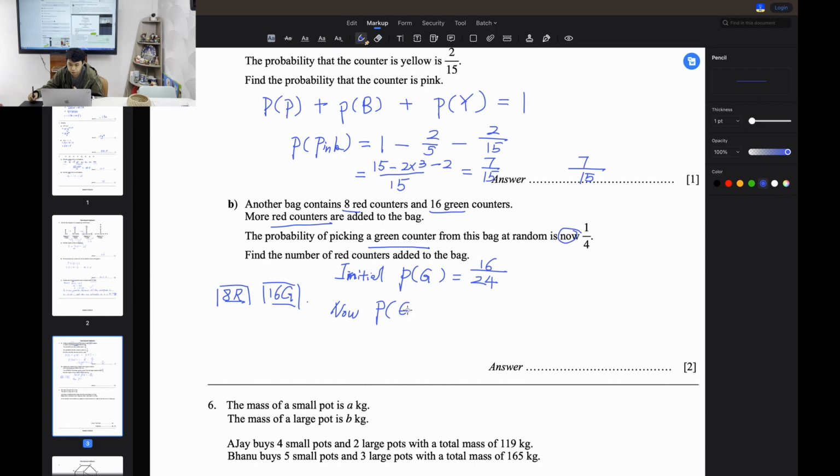But now your probability of picking a green counter equals 16 over the new total. Why do I use 16? Because there is no additional green counter added in, so we will still keep 16, but the total number is changed. We are not sure of the total number, but we know that this can be simplified to 1/4.